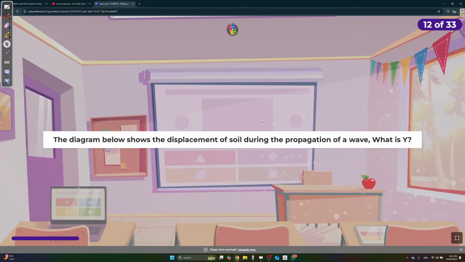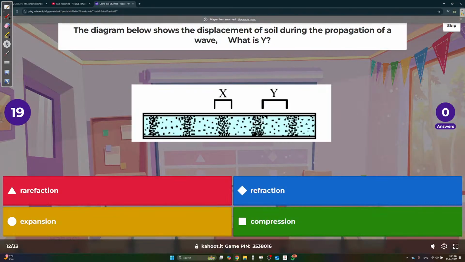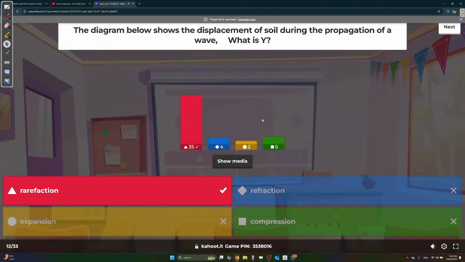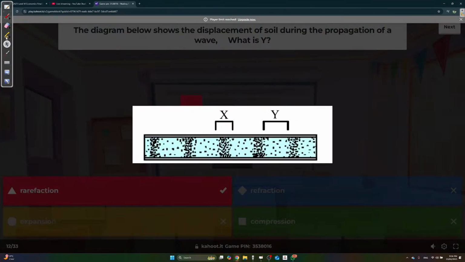Okay, Mahmoud Shaban. The diagram below shows the displacement of sodium, the propagation of a wave. What is Y? Okay, some people here put compression.